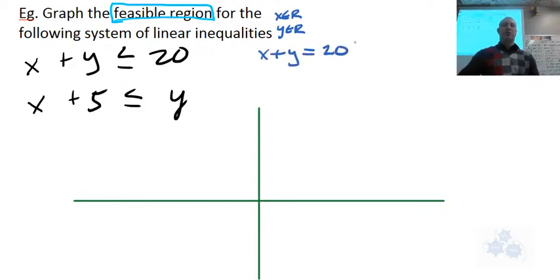And remember, this is going to represent the boundary, right? So x plus y equals 20. This one's pretty easy to change into y equals mx plus b, so why don't we do that? We'll just get y all by itself. That one's really easy to do. Why? Because this is your y-intercept, remember that? So let's go 20, here is a y-intercept right there.